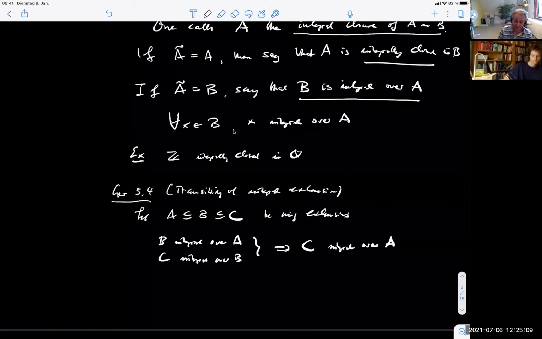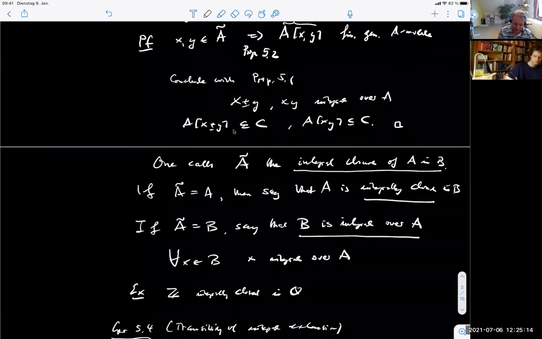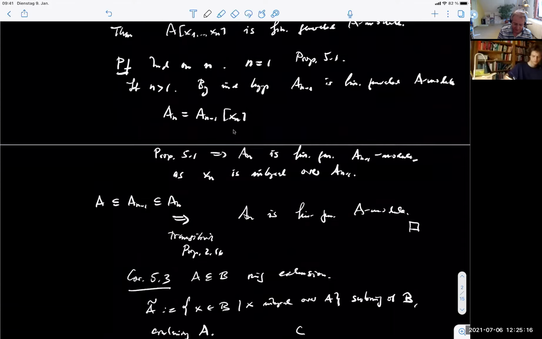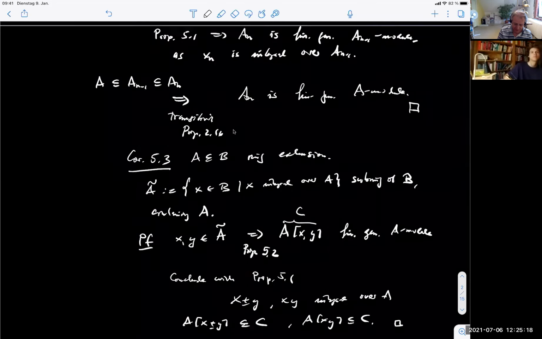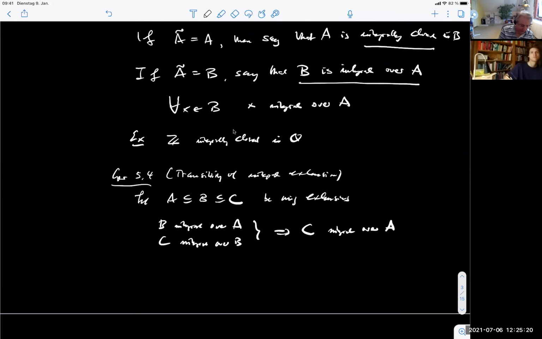So what do we have to prove here? There is only a little catch here compared to what we have done before. We don't assume anything about finitely generated.